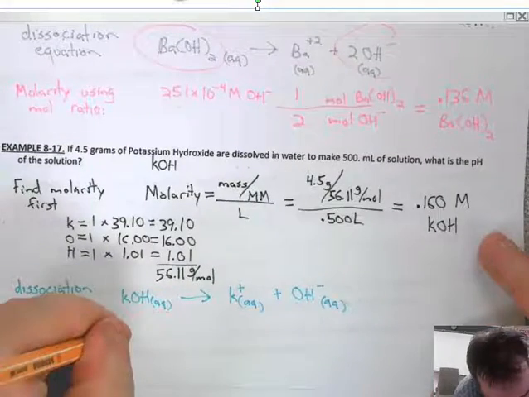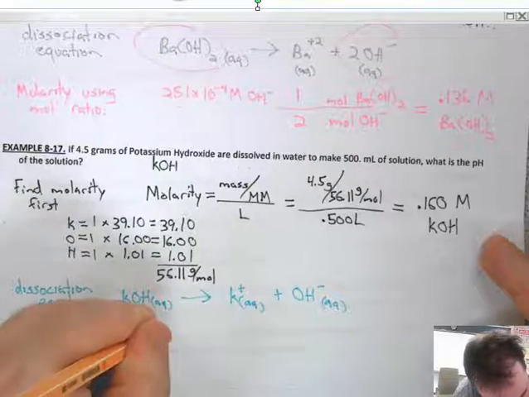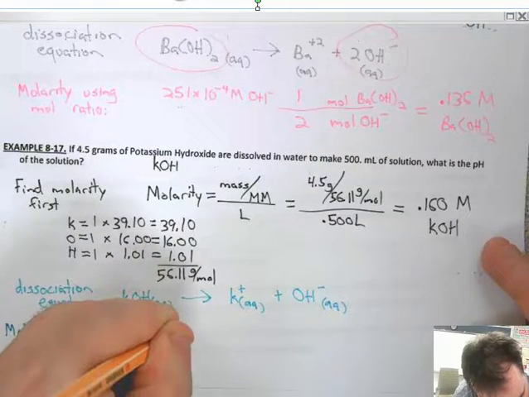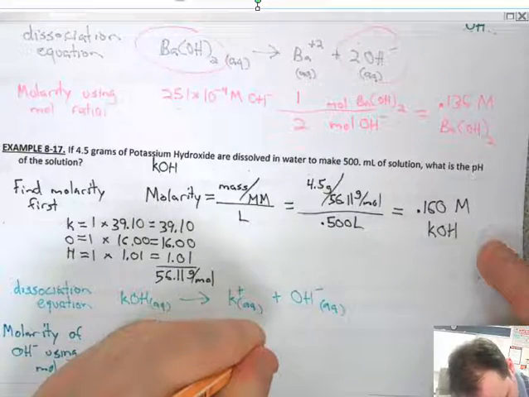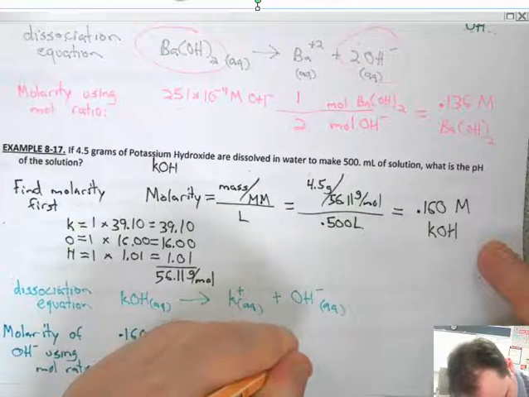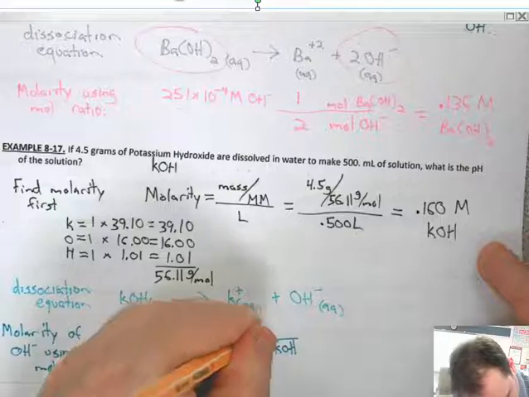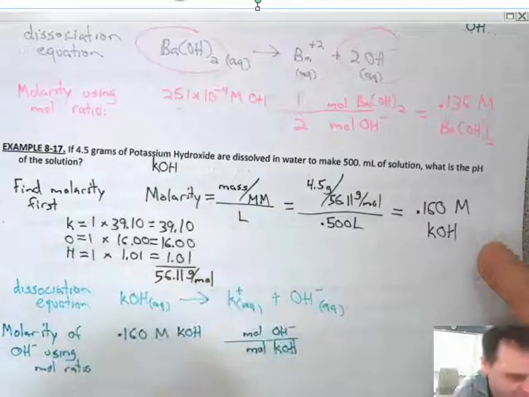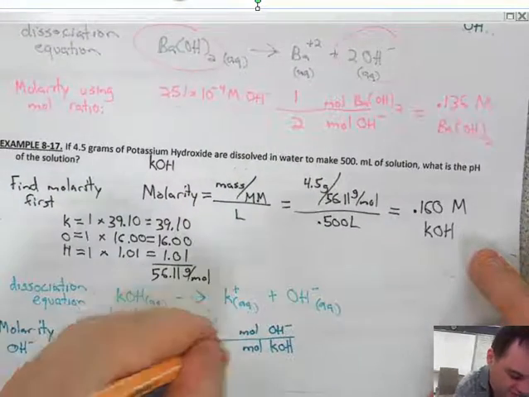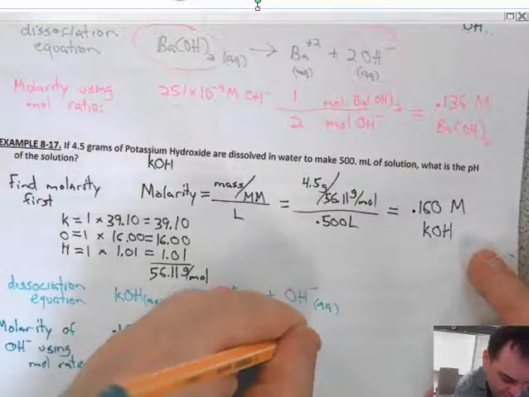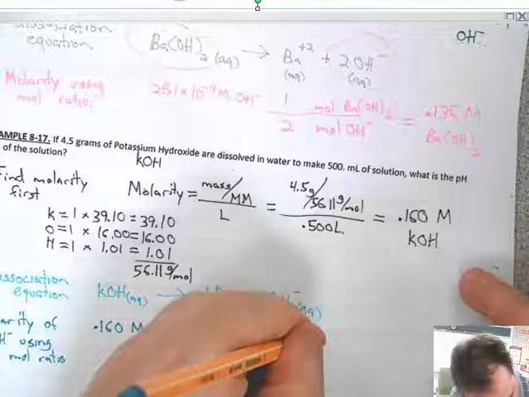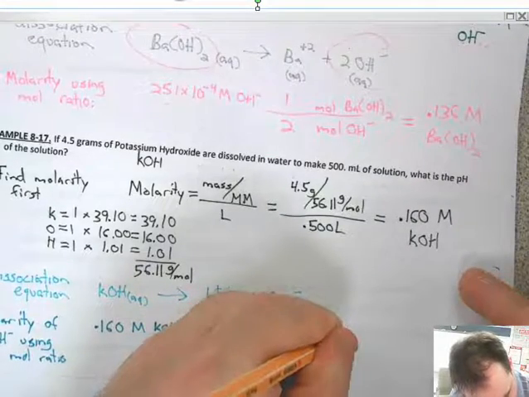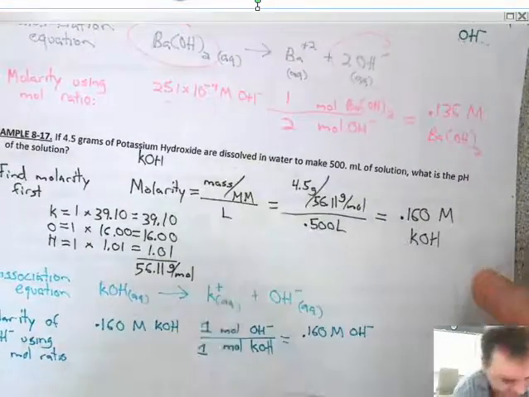So we know we have 0.160 molar KOH. So we're going to put moles of KOH on the bottom. We're going to put moles of OH on the top. Luckily for us, it's 1 to 1, which gives us a molar of OH of 0.160 molar OH.